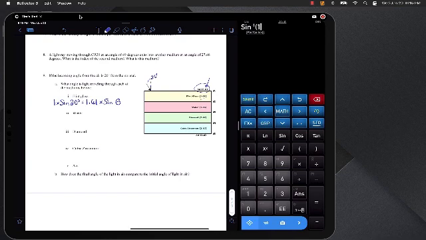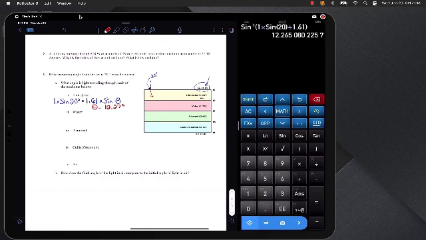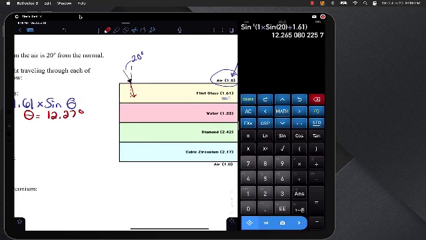I'll go 1 times sine 20, divided by 1.61, close it, and hit enter. I know that the angle that it's going to be entering into the flint glass will be, let's go 2 places, 12.27 degrees.